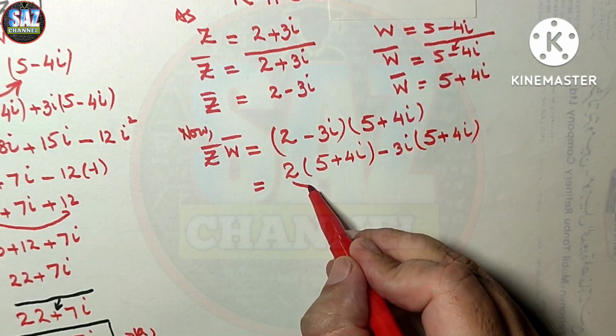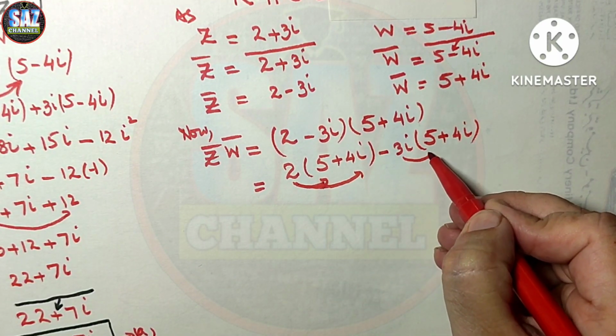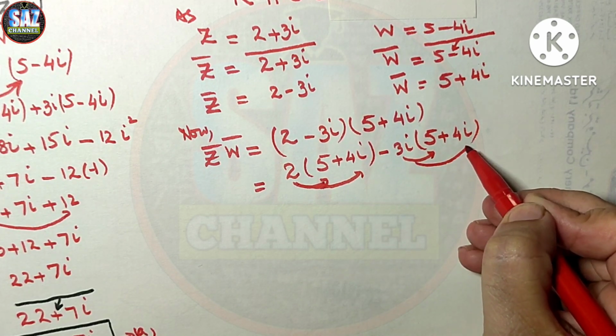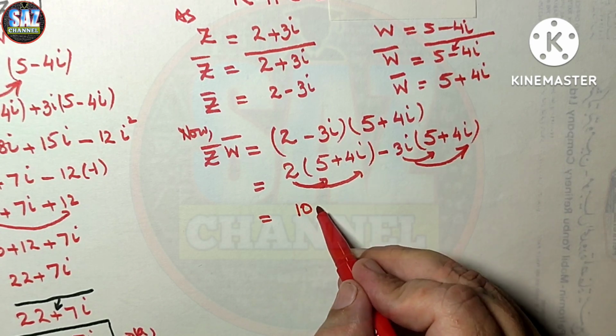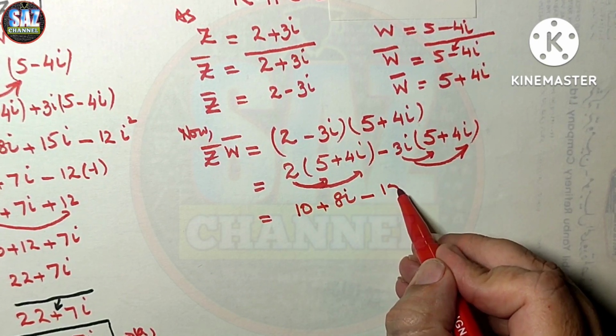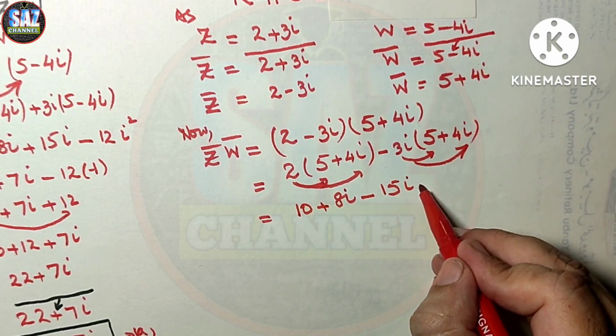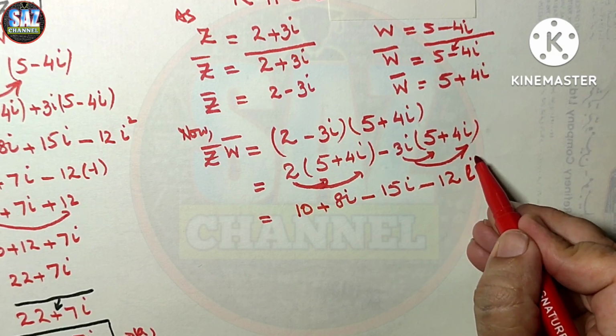Again, distributive property. Very easy questions. You just have to keep the basic rules in your mind. 5 times 2 is 10 plus 8 iota minus 15 iota and minus 12 iota square.